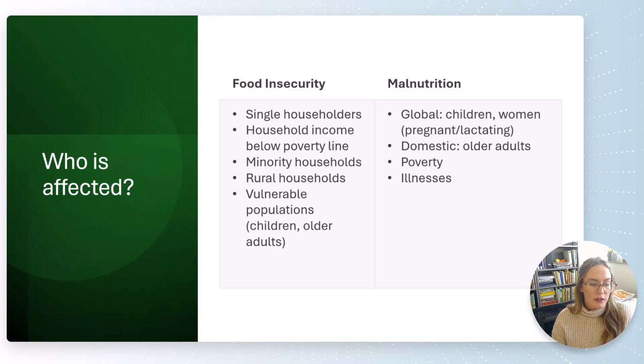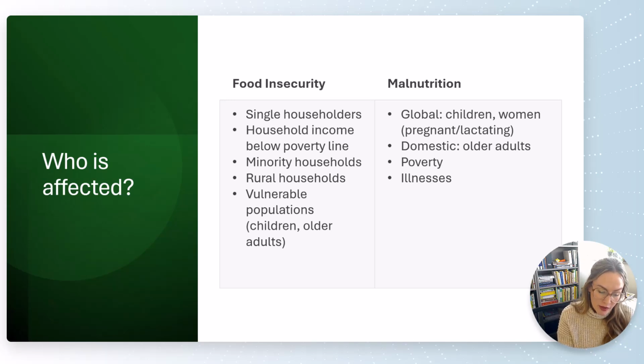Okay, let's take a look at who is affected by these different things, by food insecurity and malnutrition. For food insecurity, we're going to see that among single householders. So this can be individuals who live by themselves. It's also disproportionately women.